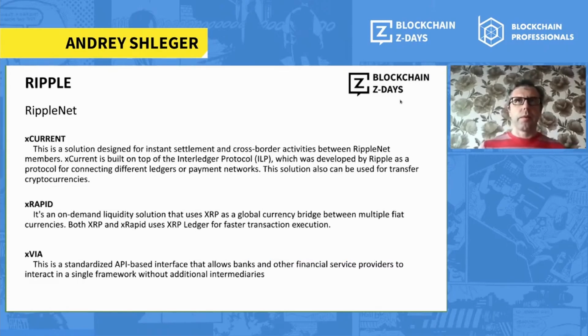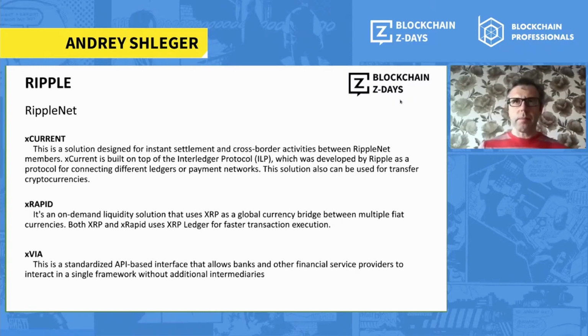They created a new blockchain with a new methodology. And Ripple is not only the name of the blockchain. Ripple is a real, huge company which created and built products such as RippleNet.